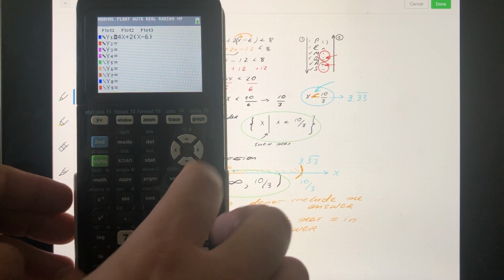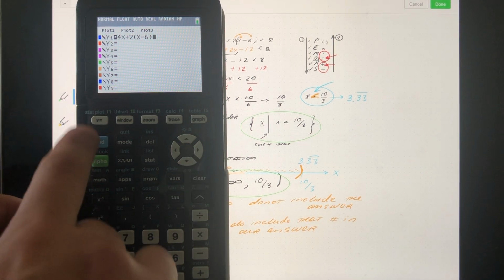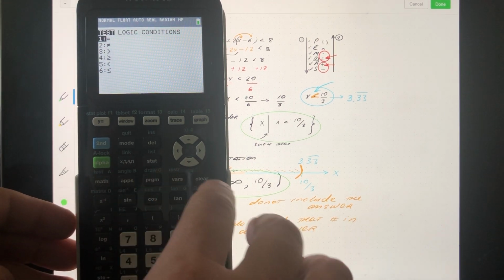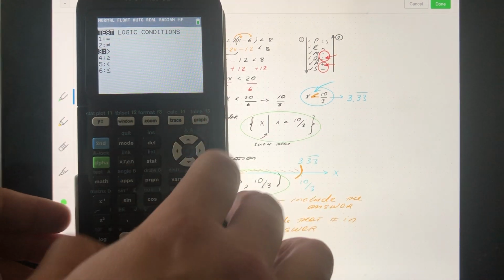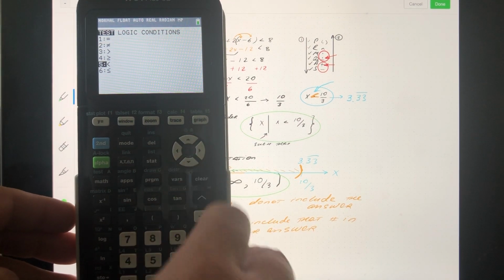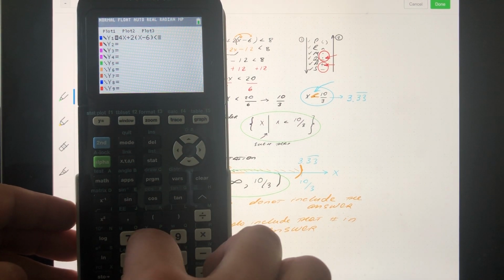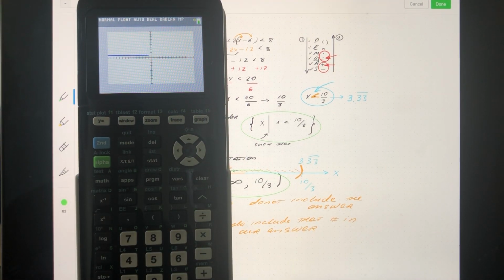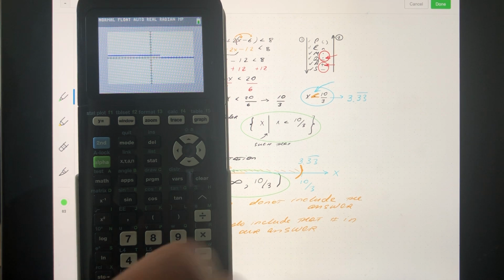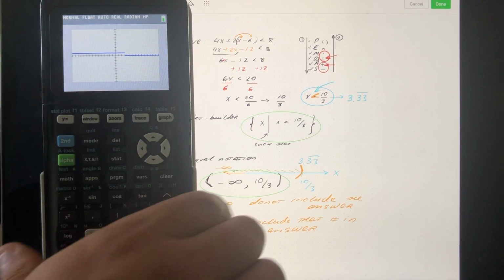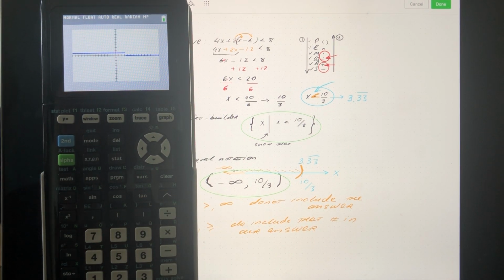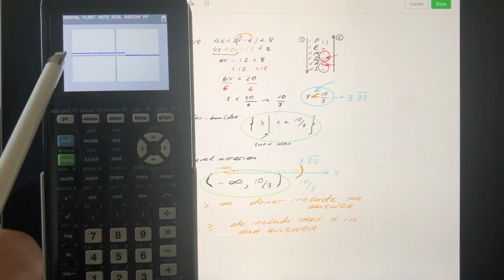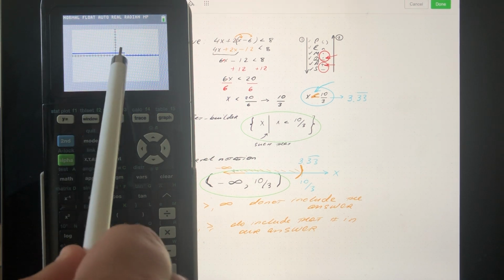Here we go to second math, which is test, and we type in the actual inequality sign, the less than, and then 8. Now here is the picture, and it shows the shading. This diagram is the same as this diagram. So it shows that our answers are here and not here.